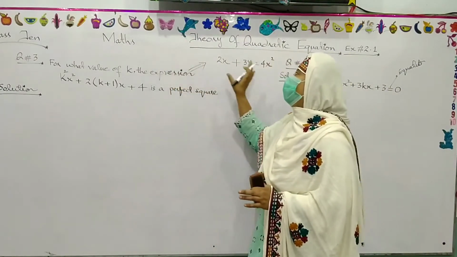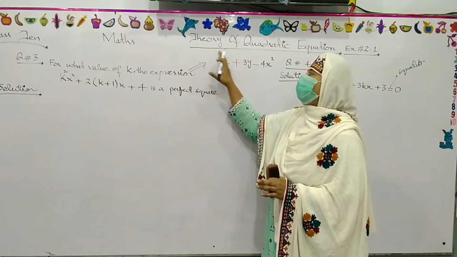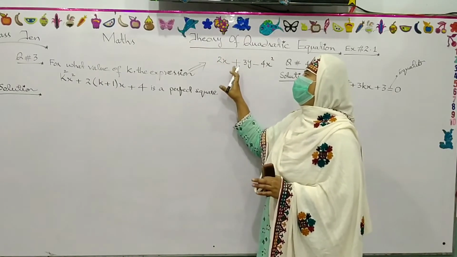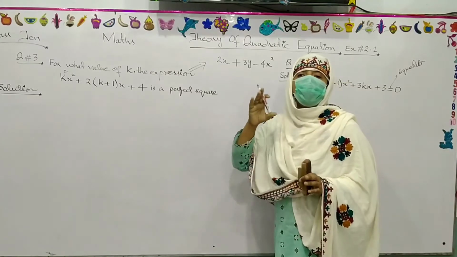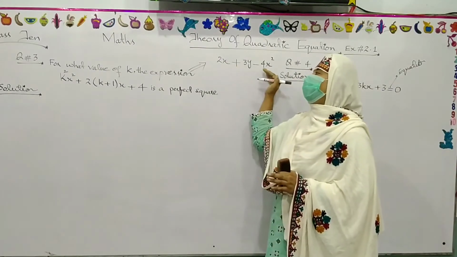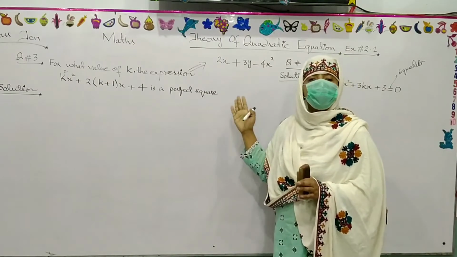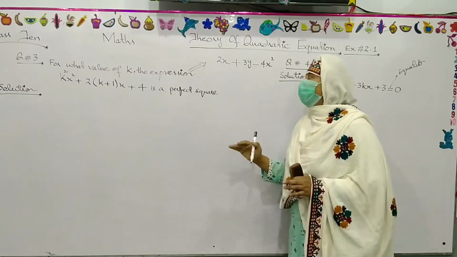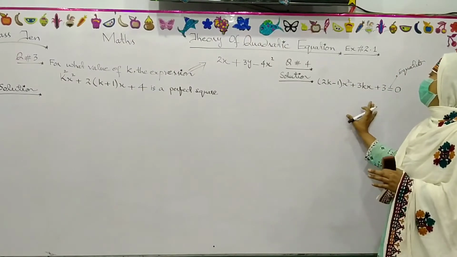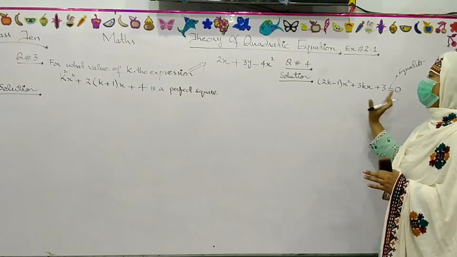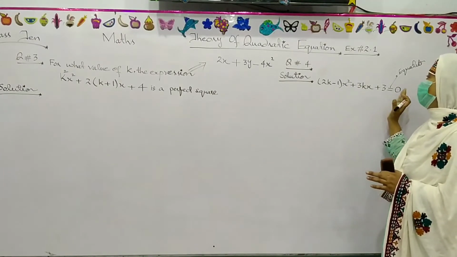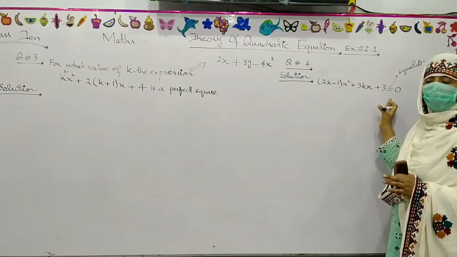Expression is a sum of algebraic sentences related by addition or subtraction or division or multiplication. It means algebraic sentences are connected by arithmetical operations. And what is equation? Equation is a relationship of two algebraic expressions by a sign of equality.